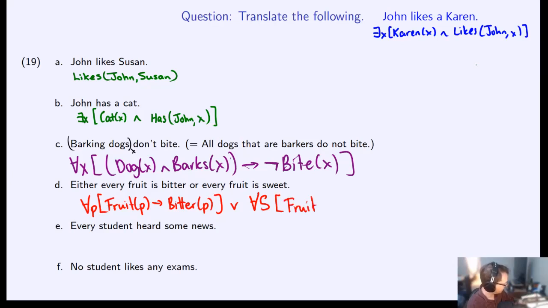For all S, if S is a fruit, then S is sweet. So that would say, or every fruit is sweet. So this is our translation of either every fruit is bitter or every fruit is sweet. Normally we can just use X and Y, but sometimes you see these weird things with different variables. They can all be used.